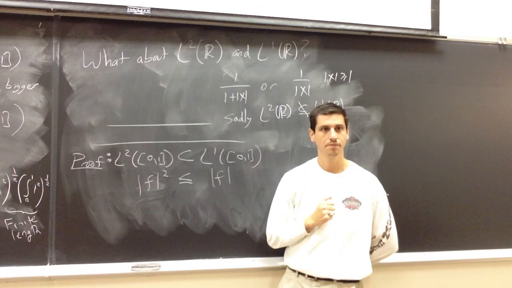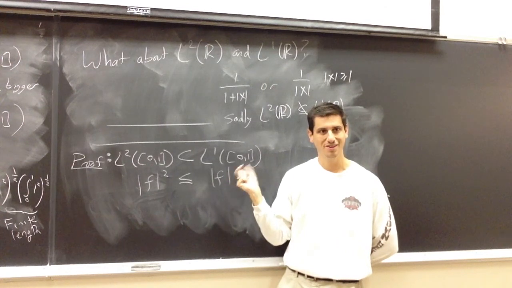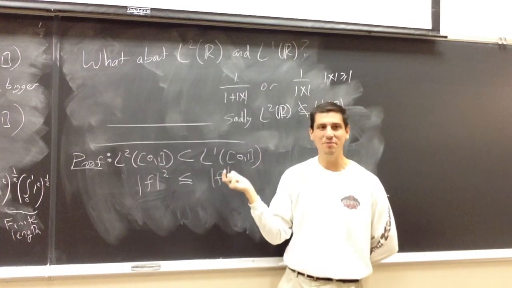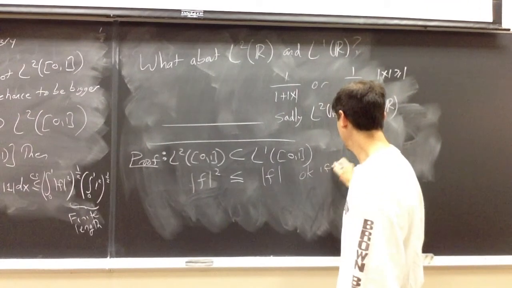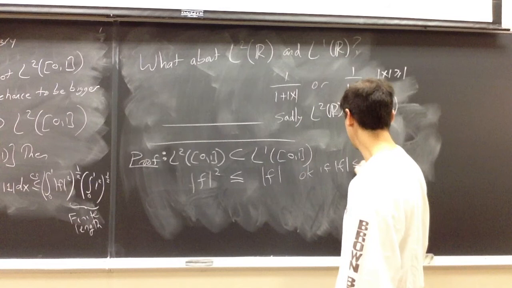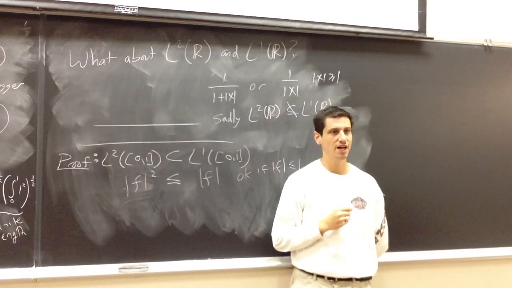I'm sorry? If the function is greater than or equal to 1. So if the function is greater than or equal to 1, less. Right, other way around. So if the absolute value of f is less than or equal to 1, true. Unfortunately, maybe the function is large in places.